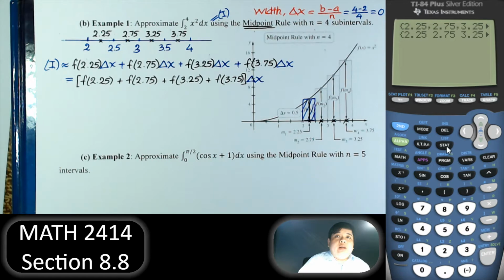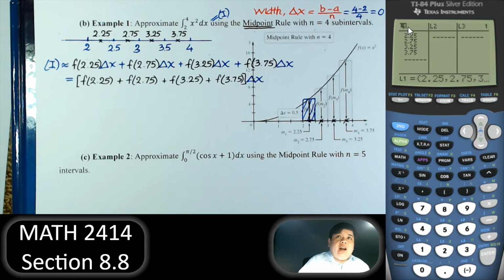Another way to do this is hit stat and then edit. We can enter those numbers manually. If you want to clear the list, highlight it, never hit delete, highlight it and hit clear. Then we can enter the numbers here, and it will be the same.